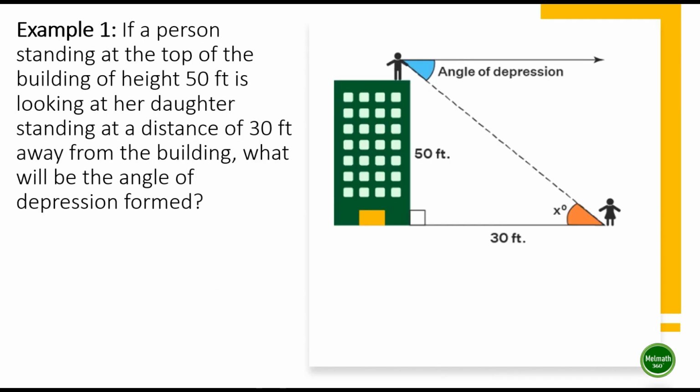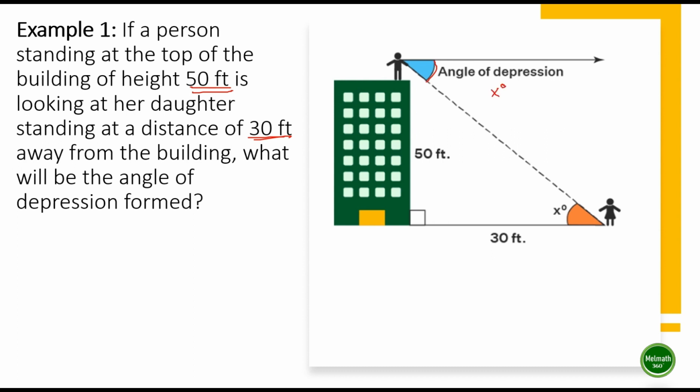Example: if a person standing at the top of a building of height 50 feet is looking at her daughter standing at a distance of 30 feet away from the building, what will be the angle of depression formed? It is given that the height of the building is 50 feet and the distance between the building and the girl is 30 feet. Now, in the given figure, the angle of depression is denoted by x degrees.